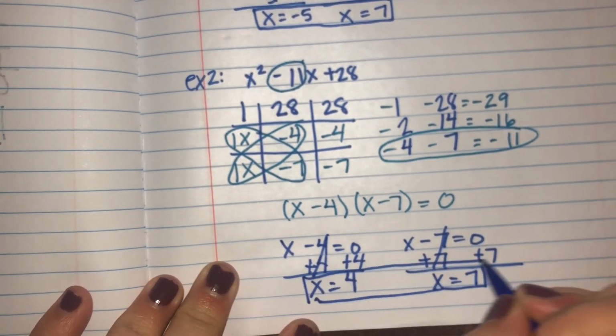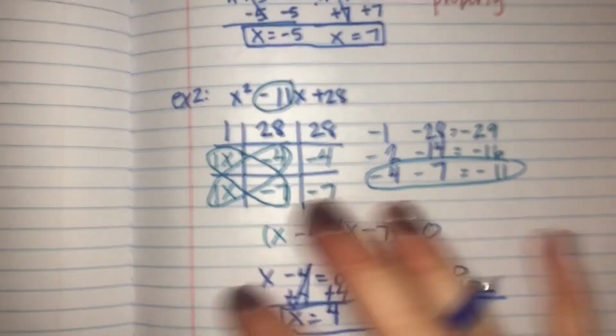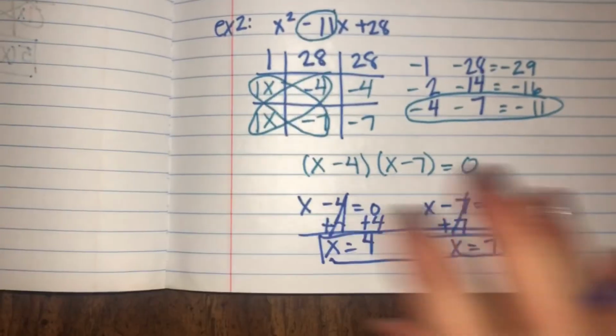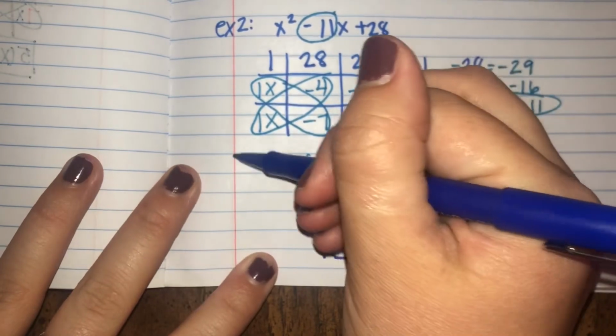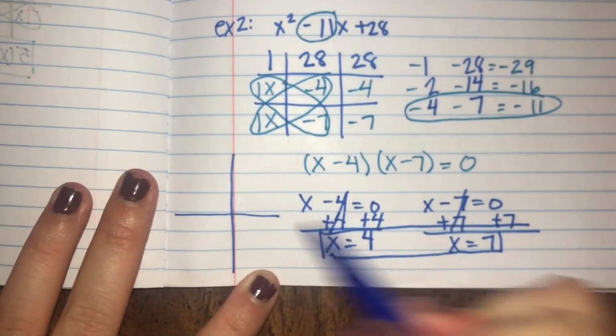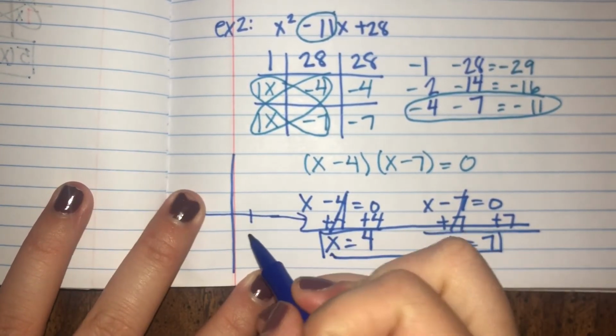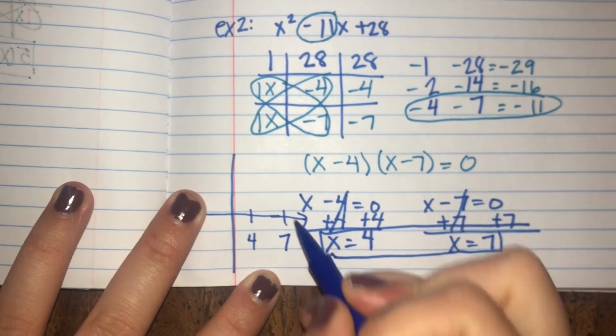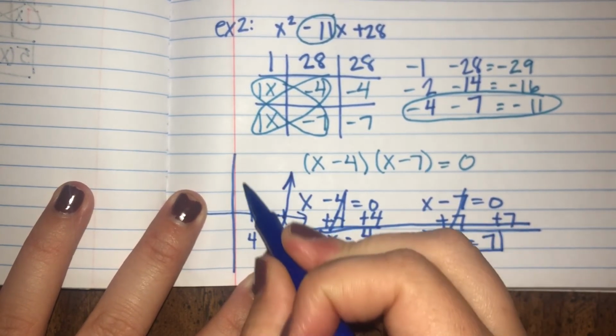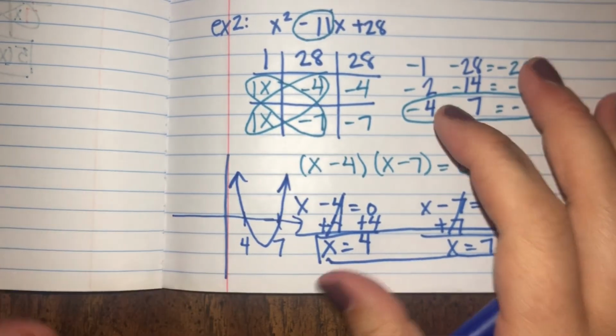So if I was to graph this, and you could do this, you can use your Desmos graphing calculator, this equation would cross at 4 and at 7. It would look something like that.